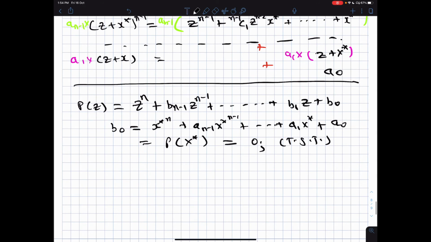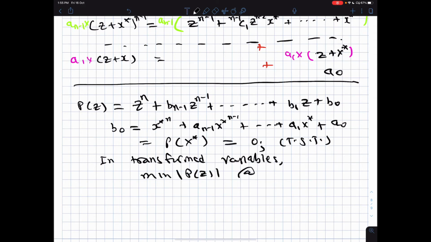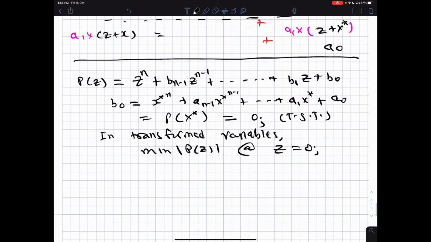So what I am trying to say is that in transformed variables, I have the minimum of P of z happening at z equal to 0, and I need to show that b of 0 is equal to 0.